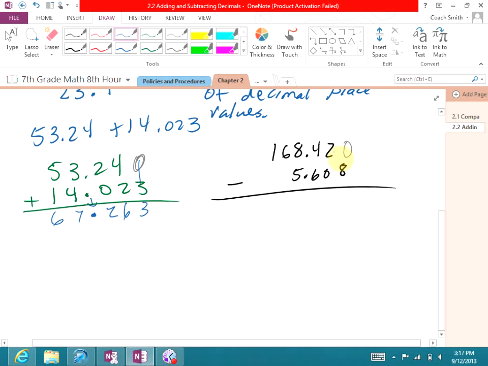So I can't take 0 minus 8, so I have to borrow 1, making that 10. 10 minus 8 is 2. 1 minus 0 is 1. Have to borrow from the 8, make it a 7, make that a 14. 14 minus 6 is 8. 7 minus 5 is 2. 6 minus nothing is nothing, obviously. And you have 162.812. But once again, the decimals are lined up, and then the decimals brought down into the answer.